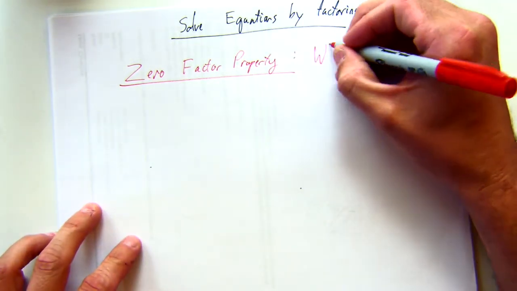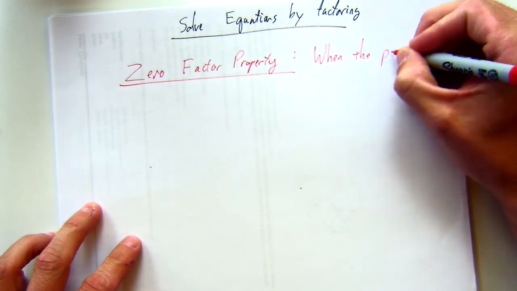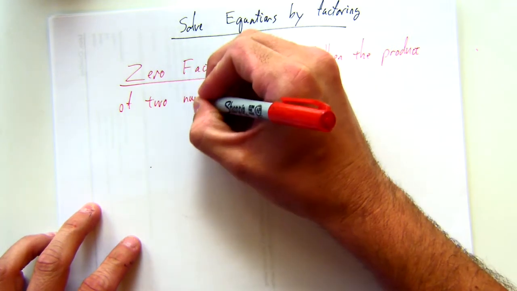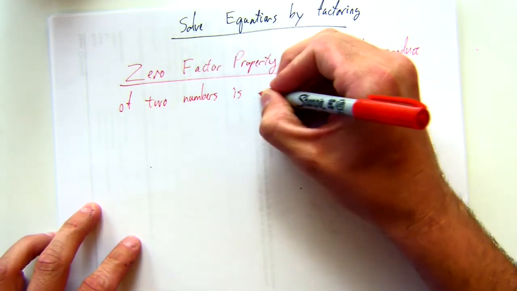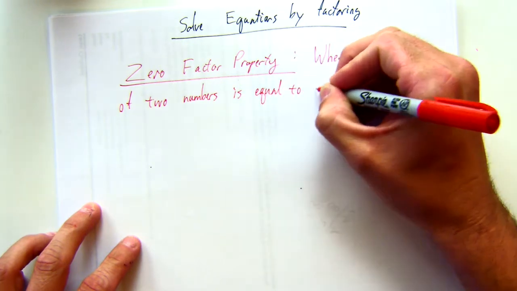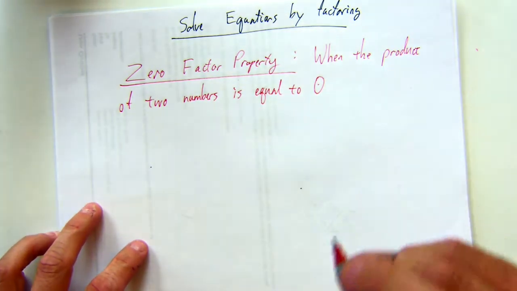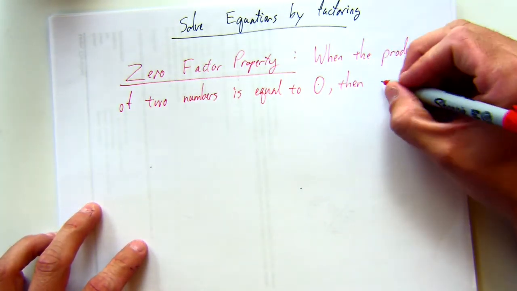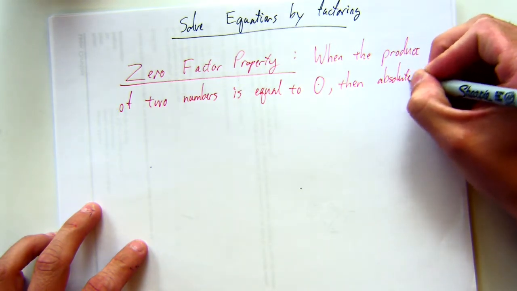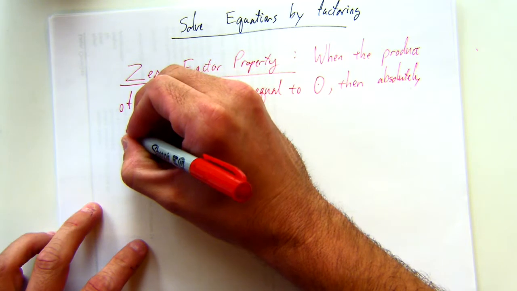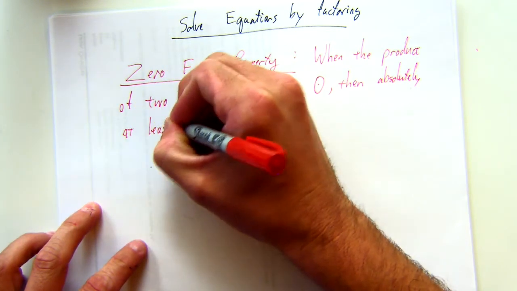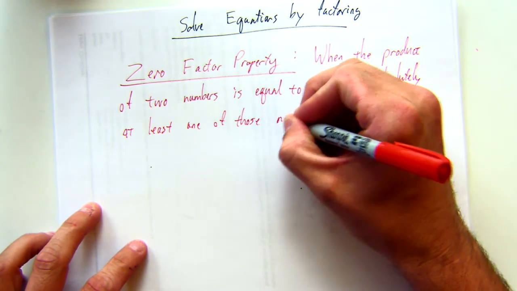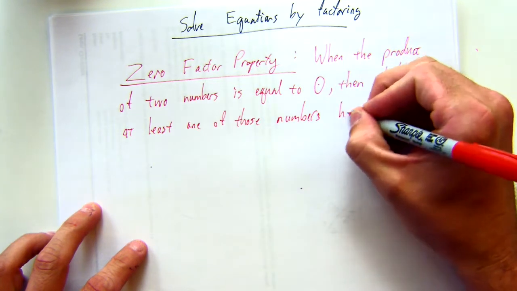But it says, when the product of two numbers is equal to 0, then something must be true. Then absolutely at least one of those numbers has to be what?